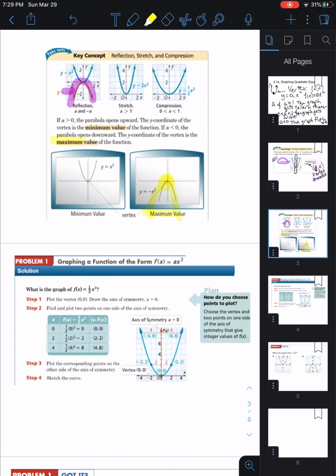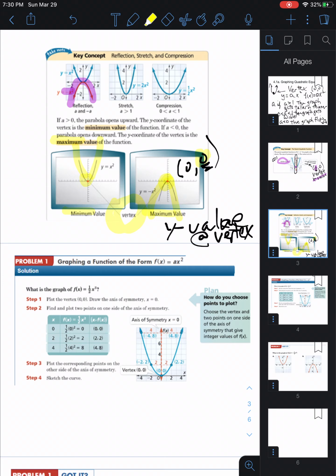So the maximum value is going to be the y value at the vertex. So now it's (0, 0), and this time it's this guy. That would be our max. The minimum, again, is also the y value at the vertex, but notice that the graph is all proceeding in the upward direction, and so now it's at the bottom, and therefore it's the minimum. It's always at the vertex.